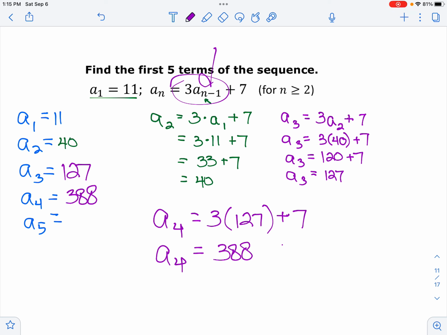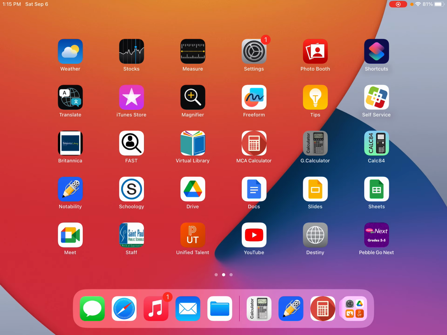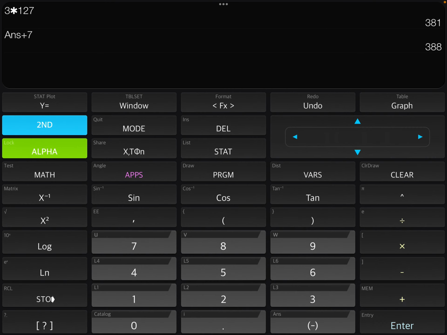Okay, now I need to do that again. So a sub 5, I have to take the previous term. So in this case, that would be 388, times 3 plus 7, 1,171.